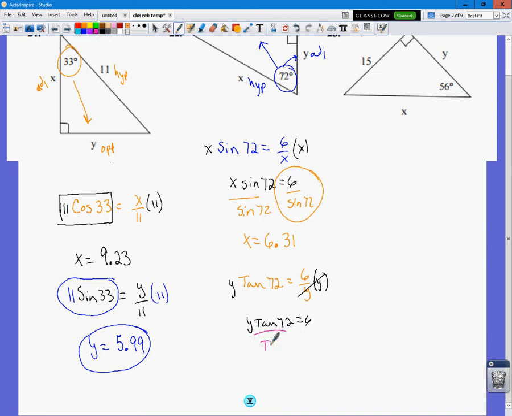Getting y by itself, I end up dividing both sides by the tangent of 72. This is what we're going to key into our calculator. So we take 6, divide 72 tangent, and we hit equals, and we find out that this is 1.95.